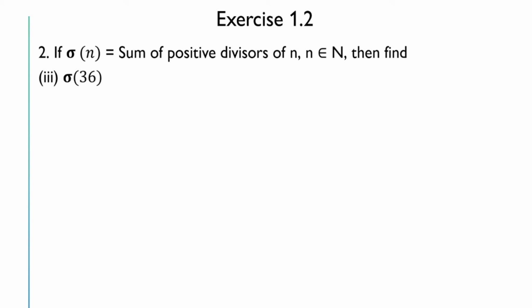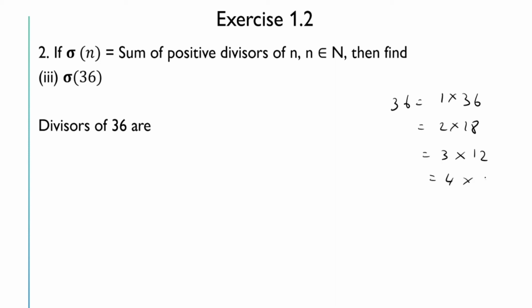The next question is sigma of 36. That is the sum of positive divisors of 36. So first we will see what the divisors of 36 are. 36, you can write as 1 into 36, 2 into 18, 3 into 12, 4 into 9 and 6 into 6. So the divisors are 1, 2, 3, 4, 6, 9, 12, 18 and 36.